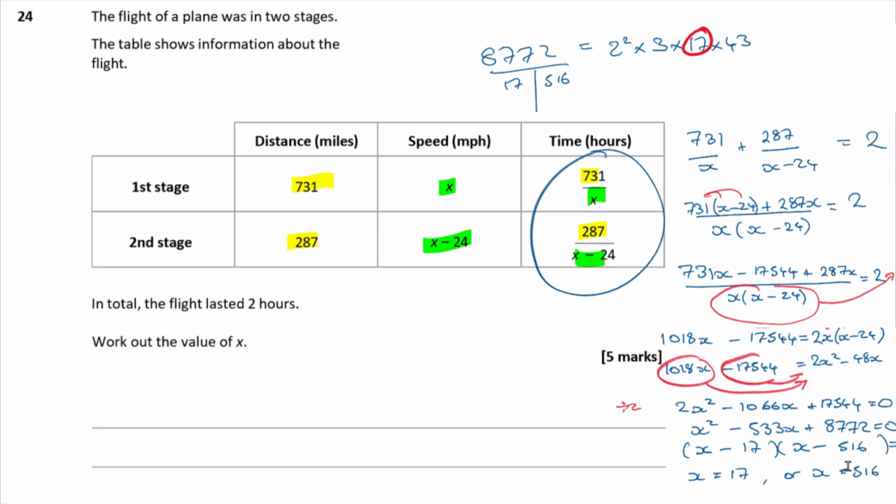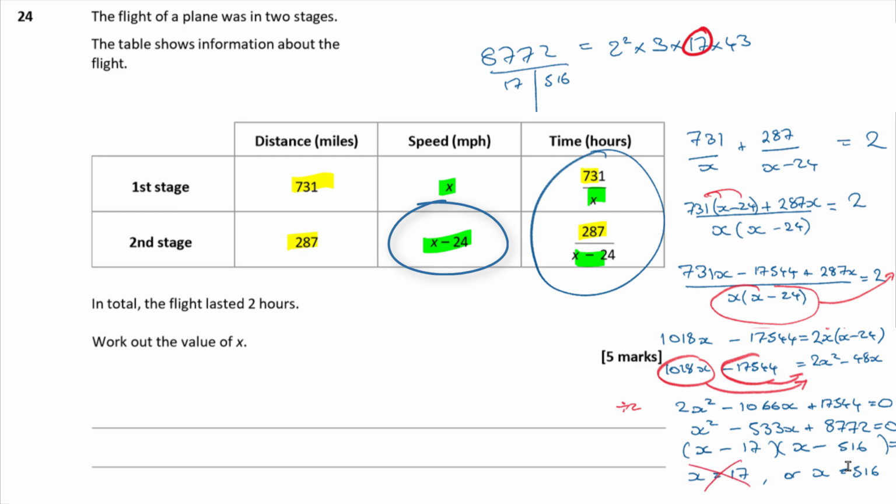Now, do both those solutions actually work though? Now, if x is 17, if you have a look at x minus 24, now if x was 17, then x minus 24 would be a negative number, which means our plane would be flying backwards, and that is not a good look for a plane.